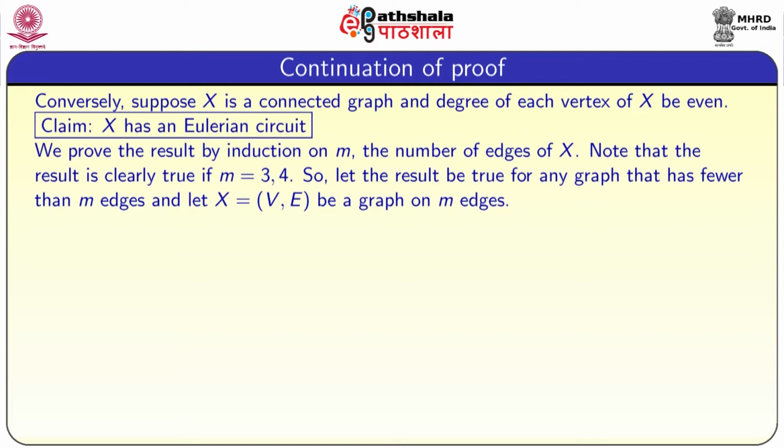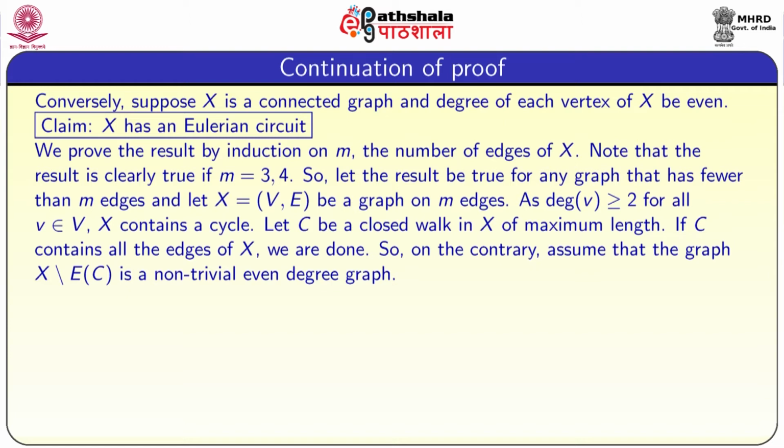So let us assume the result is true for any graph that has fewer than m edges, and X = (V, E) be a graph on m edges. As the degree of v is greater than or equal to 2 for all v belonging to V, X contains a cycle. Let C be a closed walk in X of maximum length. So here we are assuming C is a closed walk in X of maximum length.